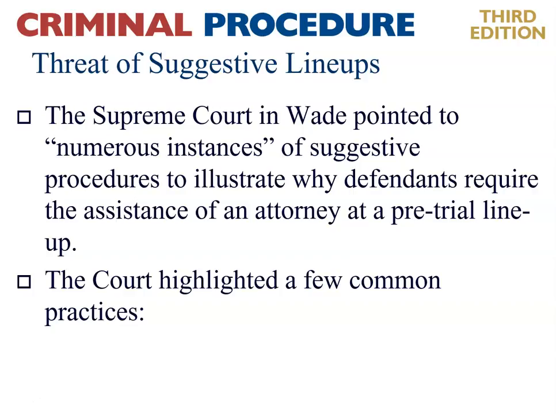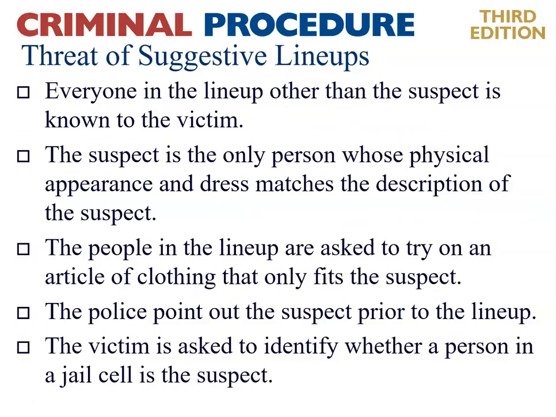So the court highlighted a few of the common practices. So first, everyone in the lineup other than the suspect is known to the victim. Remember, we're talking about suggestive procedures or suggestive lineups.